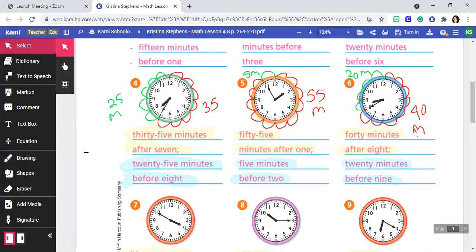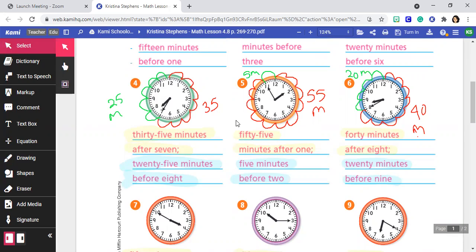You can see that right here I have used a red line, and I kind of hate that it highlights when I touch it, but I used a red line to skip count by 5s around my clock to figure out how many minutes after the hour it was and how many minutes before the hour it was. And I did that for 4, 5, and 6. And then I highlighted my answers.